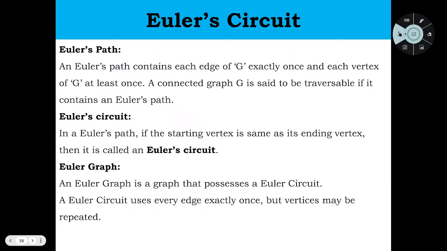Euler's path is also called a walk or a trail, T-R-A-I-L, trail. Write down this.